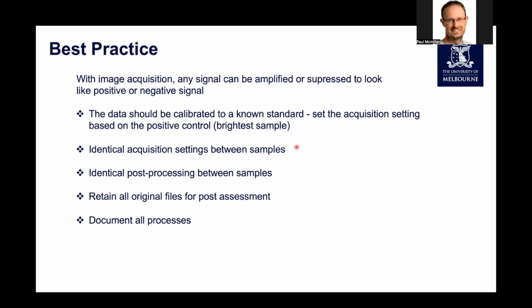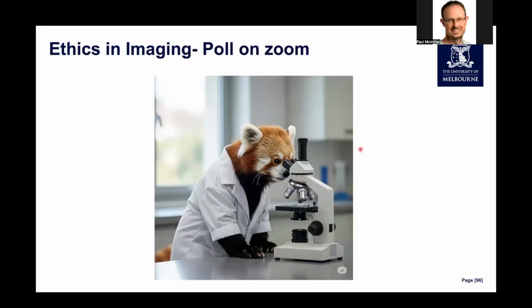Ideally, you want identical acquisition settings between different samples if you want to directly compare them. We want identical post-processing between those samples as well. You should be retaining the original files for post-assessment if possible, and ideally documenting all the processes that you've done, so you should be able to tell someone what you've done at each of those steps.